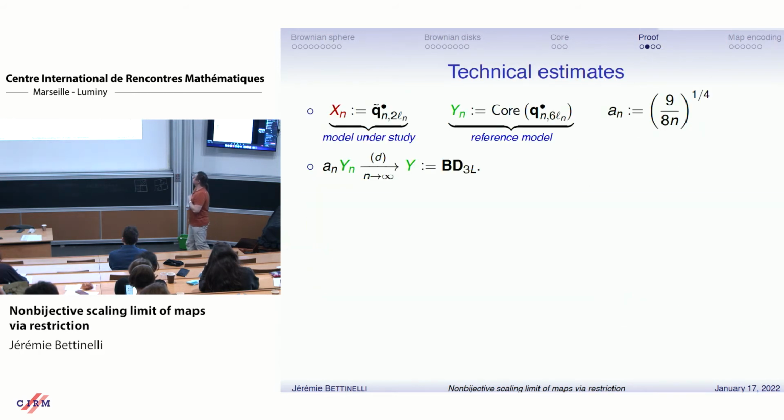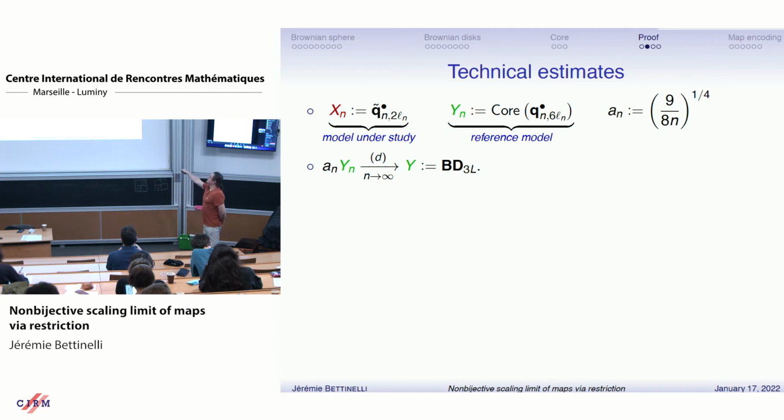So let me give you the proof and the general idea that can actually work for any model you want, provided you have some technical estimates. You can use this approach.